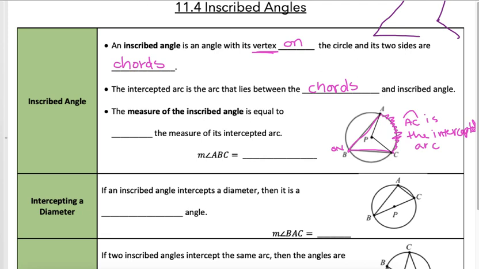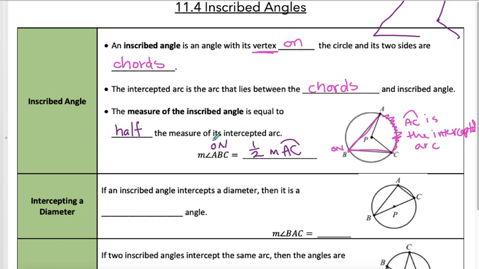The way we relate those is that the measure of the inscribed angle is equal to half the measure of its intercepted arc. So angle ABC, my angle on the circle, equals 1/2 of the measure of arc AC. Frequently students say, oh my gosh, we have fractions involved here.